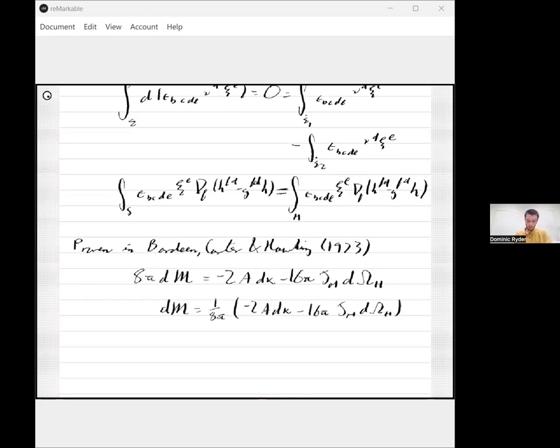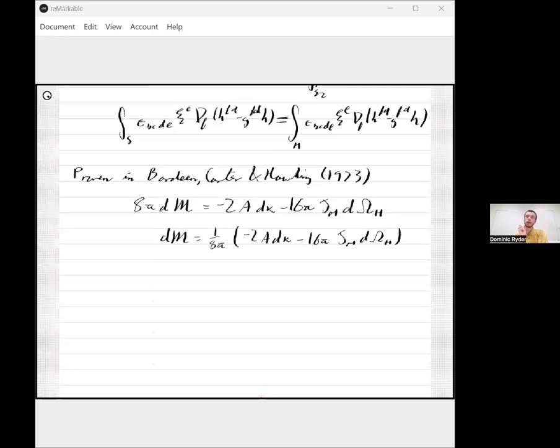Okay, now returning to our integral form in vacuum, I'll write it again. M was equal to 1 over 4 pi A kappa plus 2J d omega.